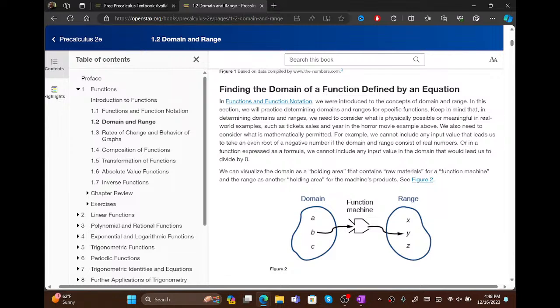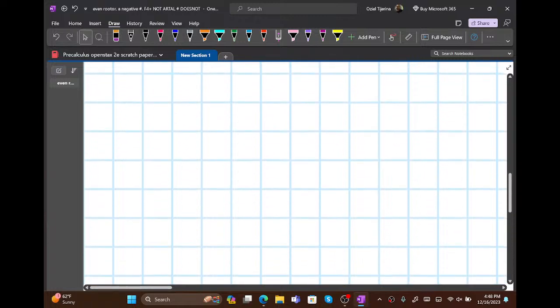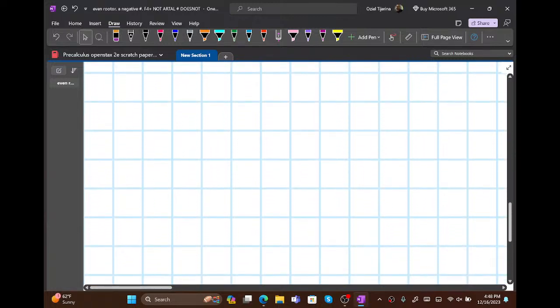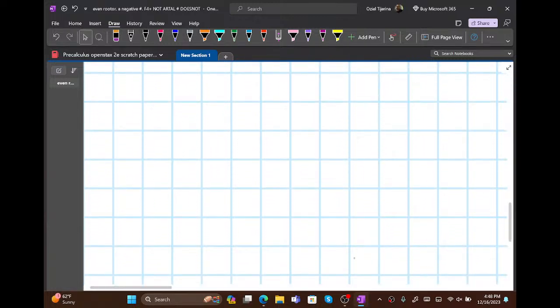They must be in the real number system. Or in a function expressed as a formula, we cannot include any input value in the domain that would lead us to divide by 0. What that means, guys, and like I said, that involves rational functions. We will get into that, but just so y'all know, this is just a reminder.